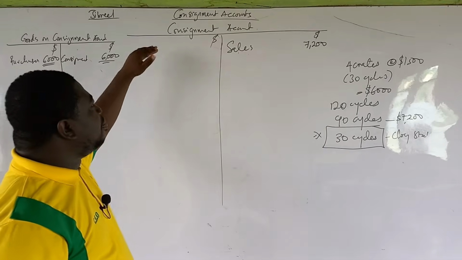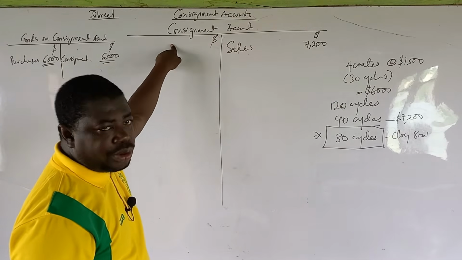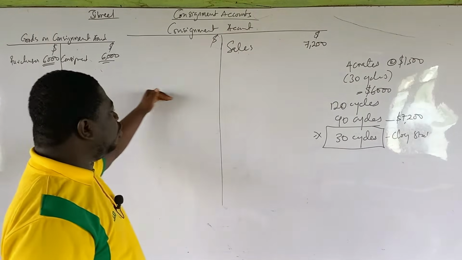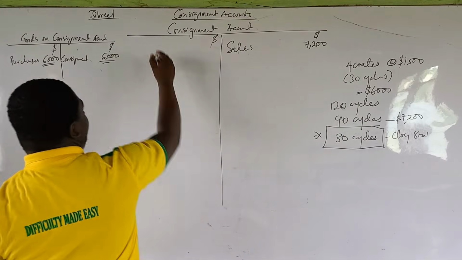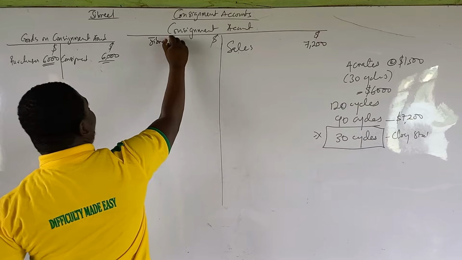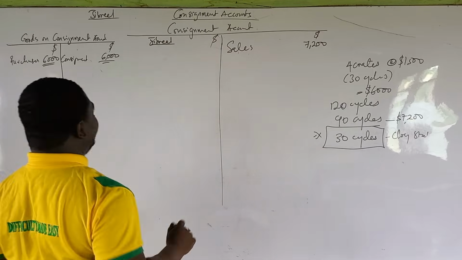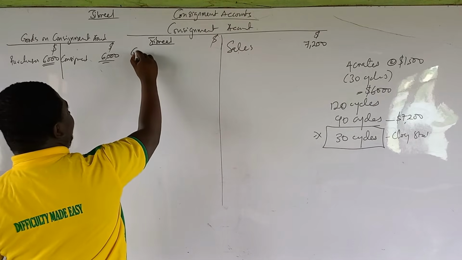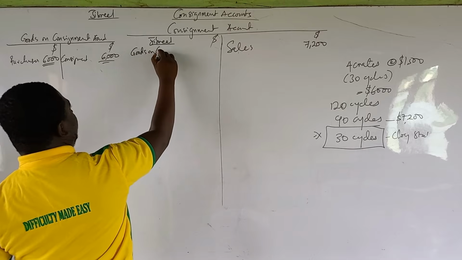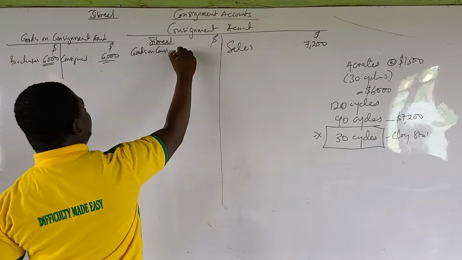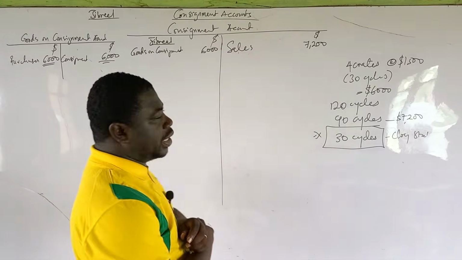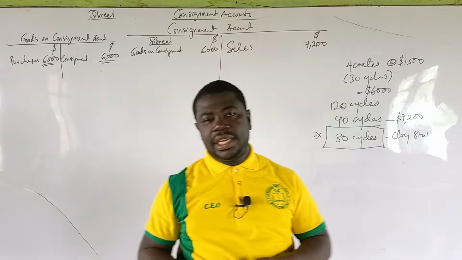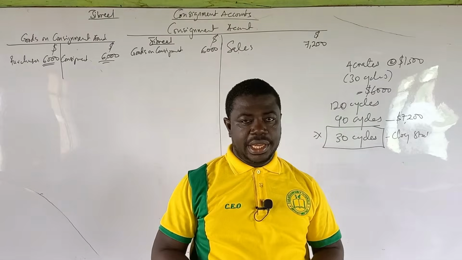Of course, we break them down into the expenses of Jabril, the consignor, and then we look at the expenses of Nafisa, the consignee. Now, with the expenses of Jabril, we always begin with the direct expense of goods on consignment. So goods on consignment will come first at $6,000, and then we go back to the question and look for other indirect expenses incurred.